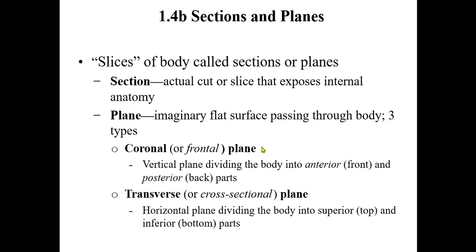The next one is transverse. This is a cut from the left side of the body all the way to the right, which gives you a top half and a bottom half. Sort of like a disgraced samurai warrior on the battlefield getting his body chopped up by a samurai sword going through him, giving a top half and a bottom half. Next slide.